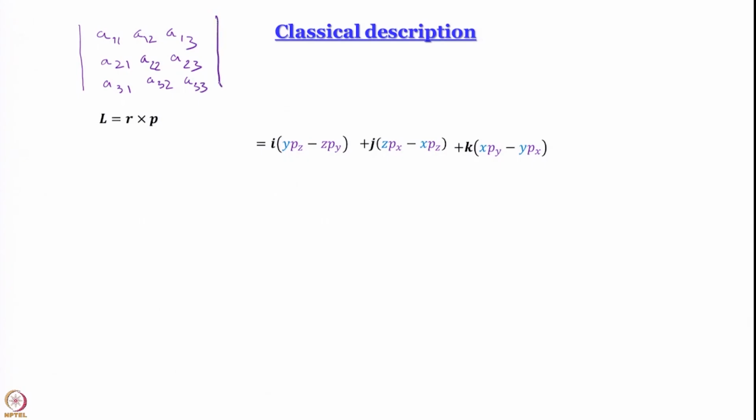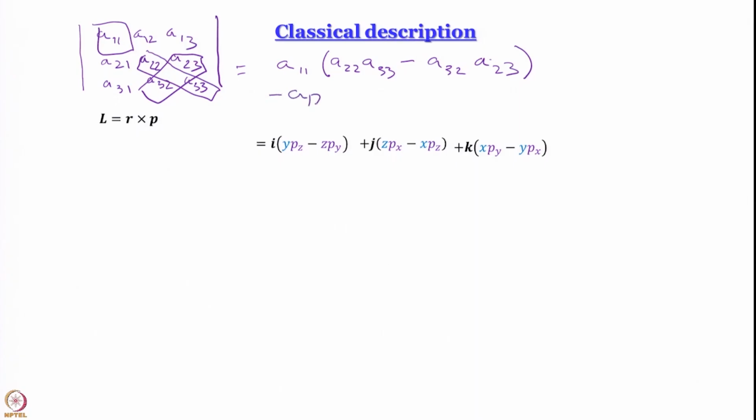Okay. But this is what a determinant is, and what it means essentially is, you take A11 multiplied by A22 into A33 minus A32 into A23. Then the next term is in A12, but the second term has a minus sign.